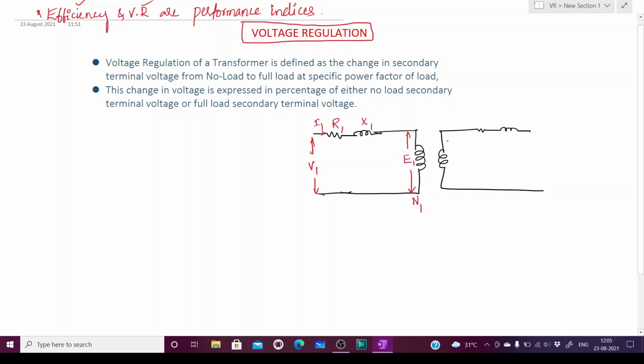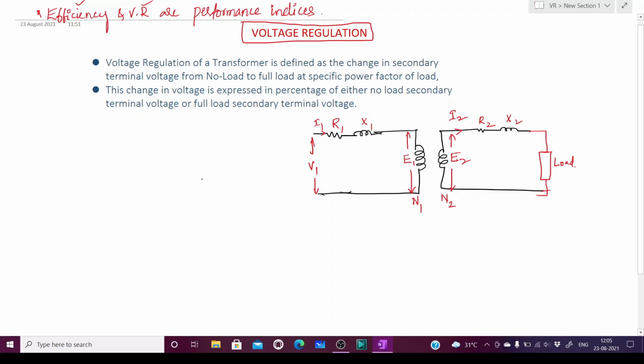This flux will interact with the secondary winding also, so EMF will be induced on the secondary winding too. This EMF will cause current to flow in the secondary winding if it is closed. That means when the load is connected, secondary current will flow. This is the load.